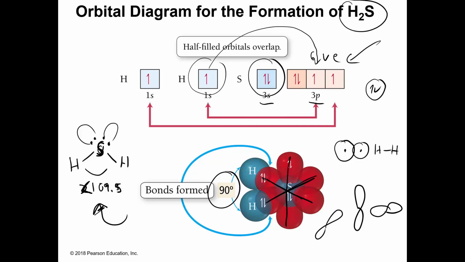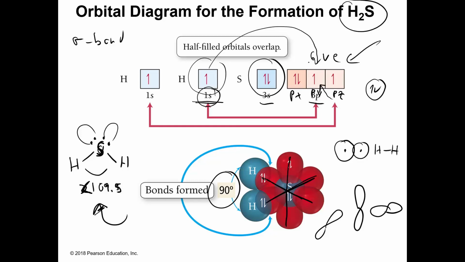So one thing I want to mention now, because I'm going to have the tendency to call this a sigma bond, okay? A sigma bond, and I have a slide for that, simply means that you have a single orbital with a single electron, such as the 1s orbital here, and you overlap that with a single orbital from another atom with a single electron in it. Like, let's say this is the px, this is the py, and this is the pz.